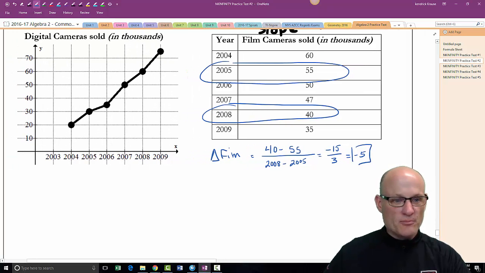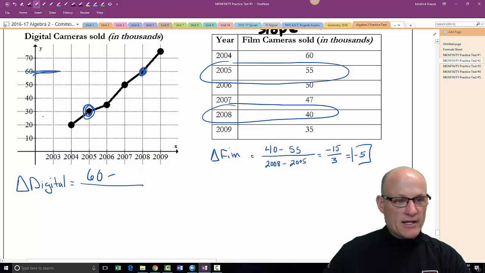So now let's talk about digital. From 2005, that's this point, to 2008, that's that point. So they made that kind of easy. 60, so let's do change in digital. My change in y's is 60 minus 30 over 2008 minus 2005.